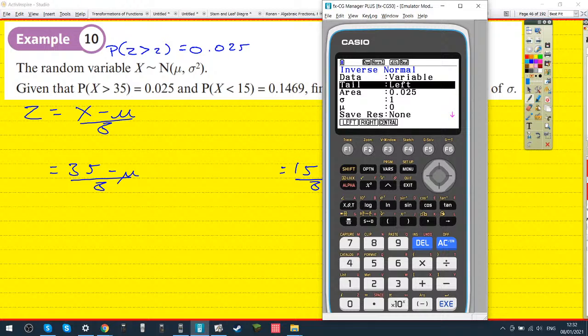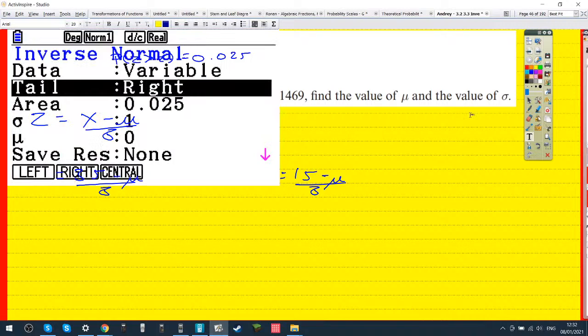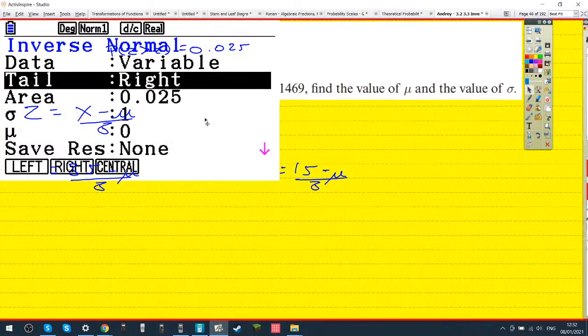Okay. And this is greater than, so it'll be right. So put that into calculator. So that's inverse normal.